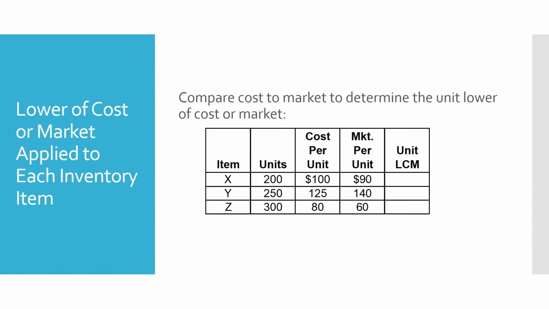With the units of Y, we paid 125, the market is 140, it's higher, so the lower of cost or market is the cost of 125. And then for our units of Z, we have 300 units on hand, we paid $80 each for them, the market is 60. So lower of cost or market for Z is going to be the 60.